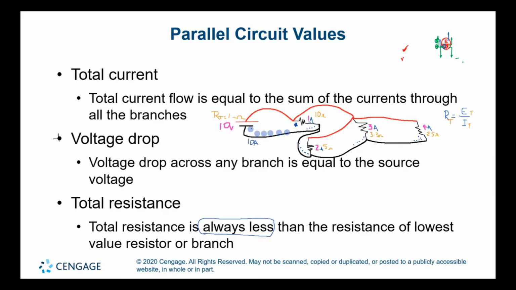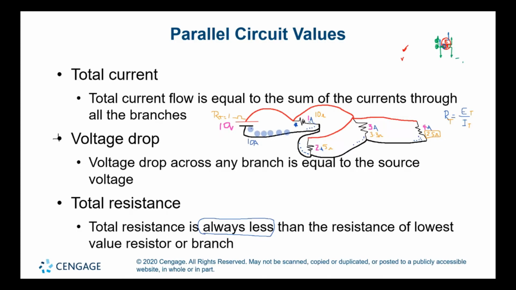The lowest value resistor is this one. And even when that is the lowest value resistor, the total resistance is still lower than that value, than the 2.5 ohms.